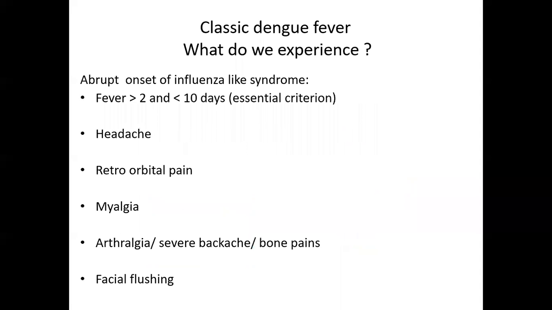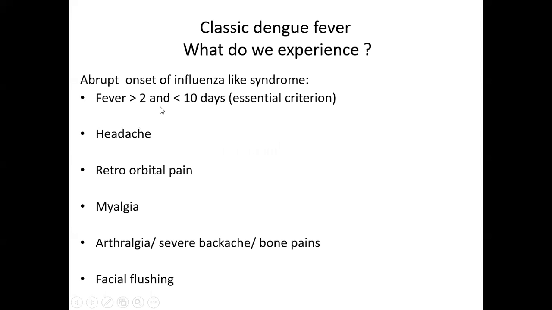So what is the clinical presentation of classic dengue fever? What do we experience? There is an abrupt onset of influenza-like syndrome. Fever is an essential criterion.